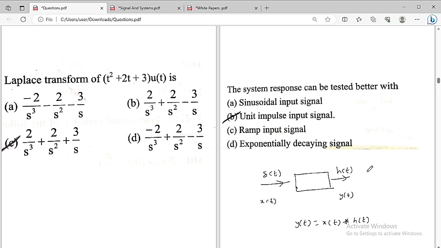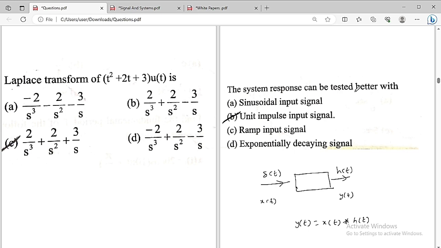So if you know the unit impulse response, no matter whatever the input, you can easily get the output just by doing a convolution of the input with the unit impulse response. Yes, we know each and everything regarding the output.